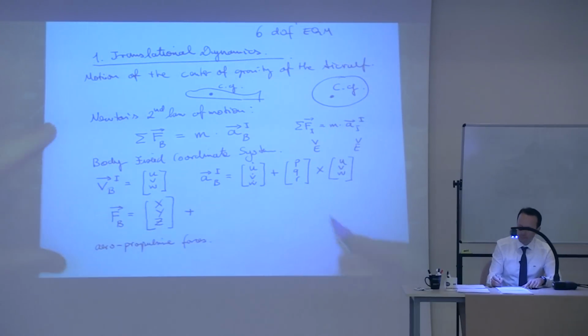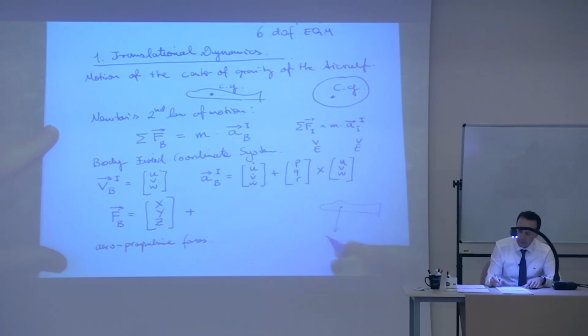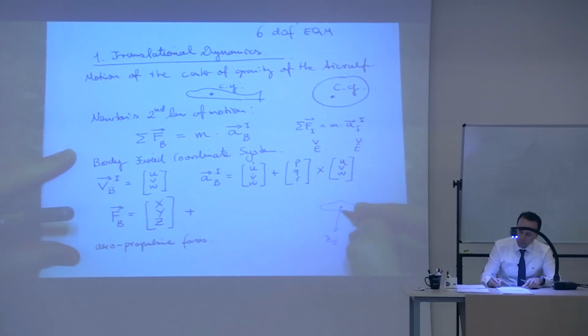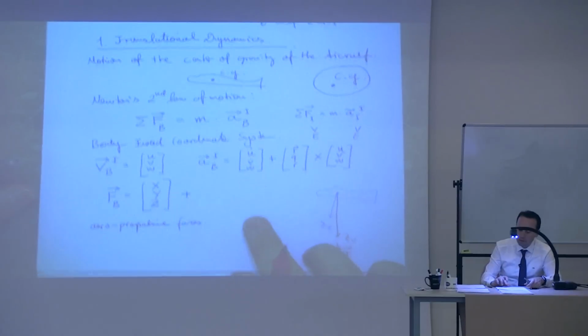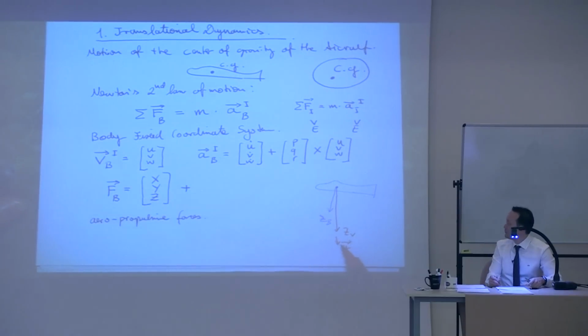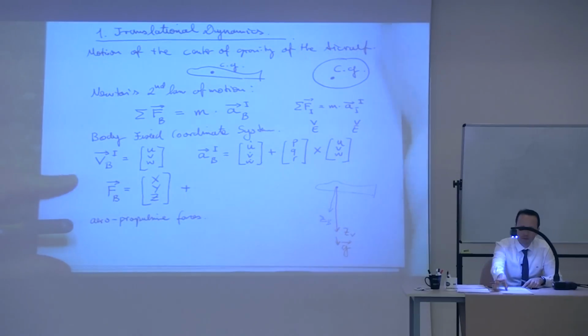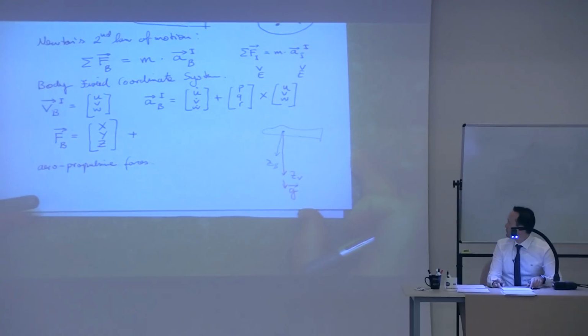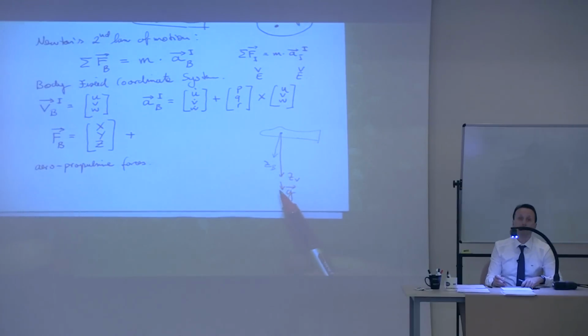Let me put it this way. If this is your aircraft, this is X, this is Z body, but the weight points here. Z vehicle carried, right? This is where the local gravity vector is, isn't it? It's around ZV. This is ZV, isn't it?